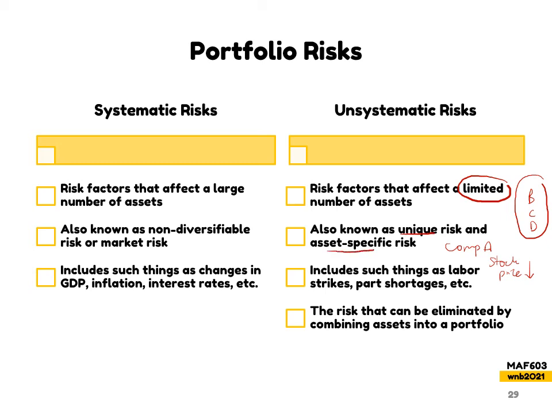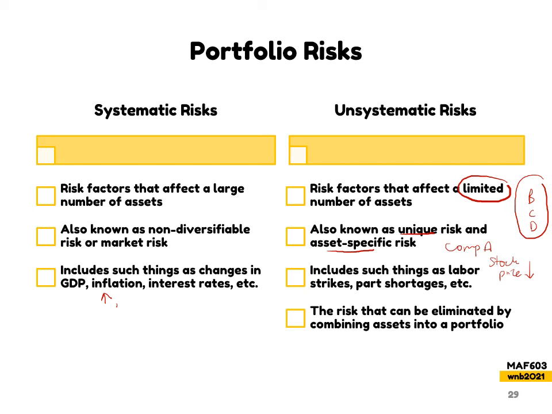So it is different from systematic risk because, for example, with inflation, when inflation goes up, the increase in the inflation rate will affect most or the majority of the stocks in the market. So company A, company B, C, D, all the way to Z will be affected when the inflation rate changes.